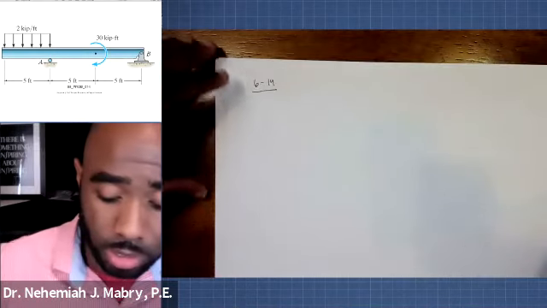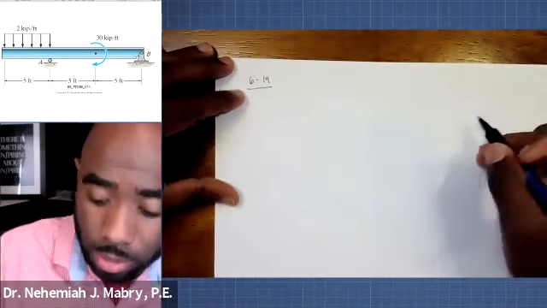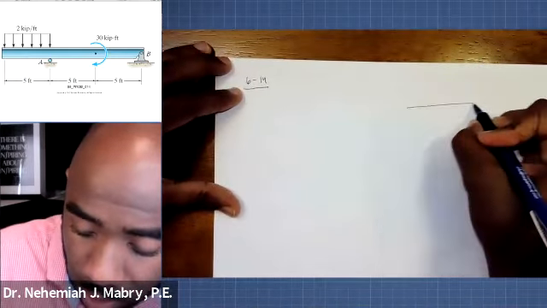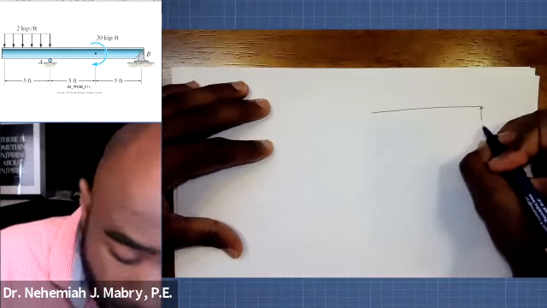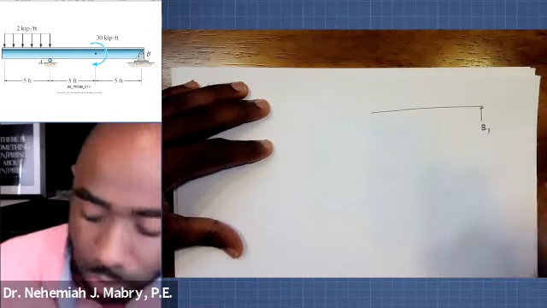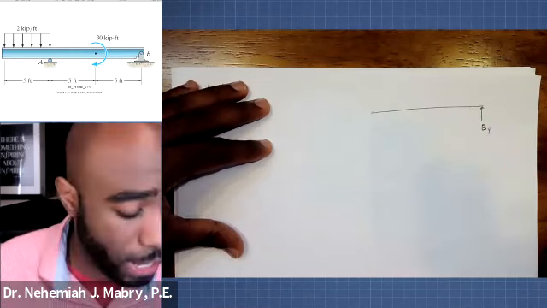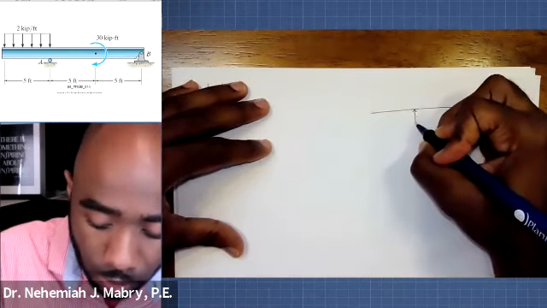All right, so our reactions in this case, if we were to sum the, matter of fact, let me just draw the beam like this. Since this is a B, I'll call it BY. I won't say RB. Really doesn't matter what you call it, RB, BY, same difference. Here is an intermediate support here, roller.